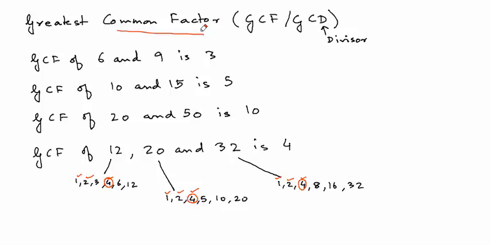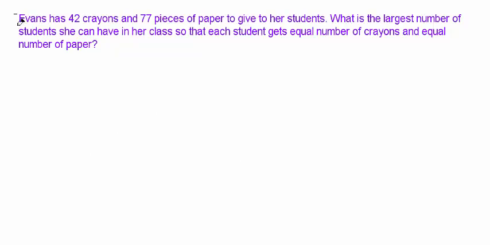Time for us to try a word problem. Evans has 42 crayons and 77 pieces of paper to give to her students. She seems to be a teacher. Okay. What's the largest number of students she can have in her class so that each student gets equal number of crayons and equal number of paper?